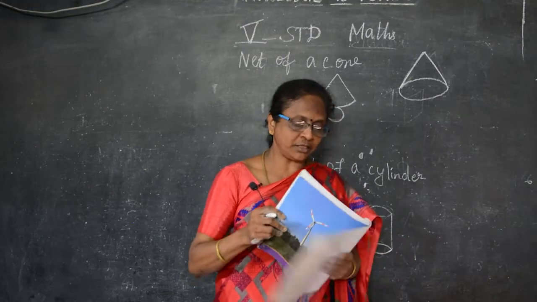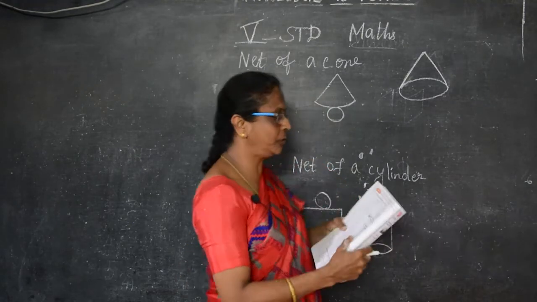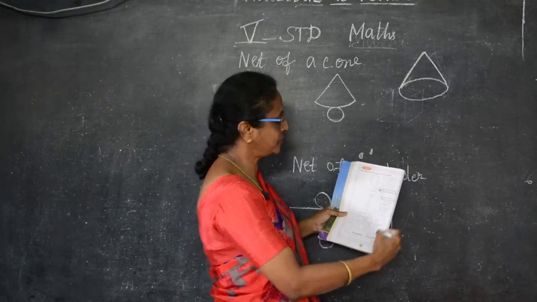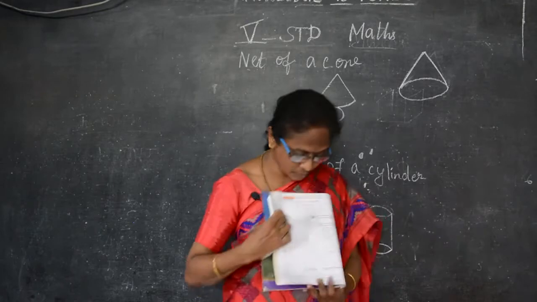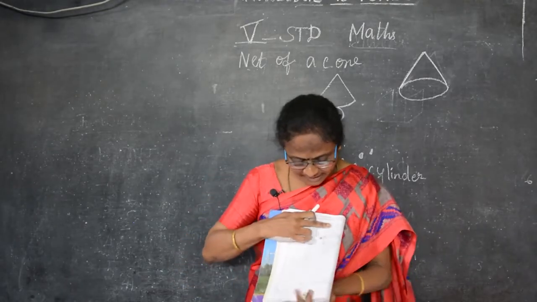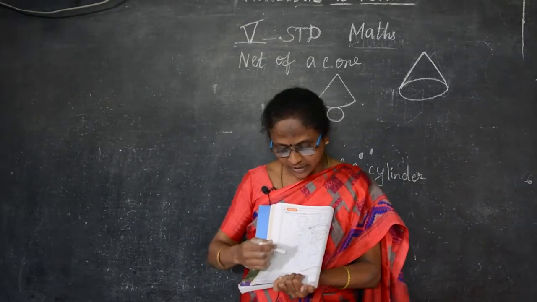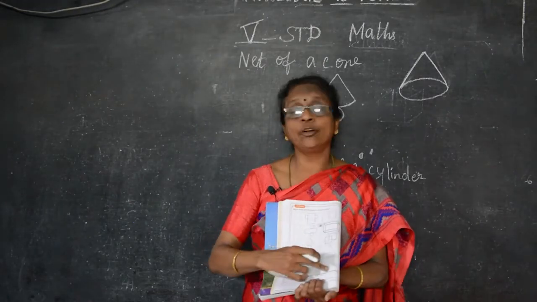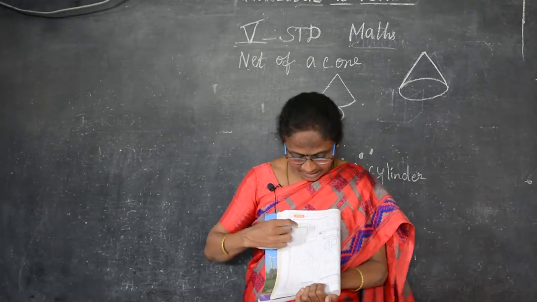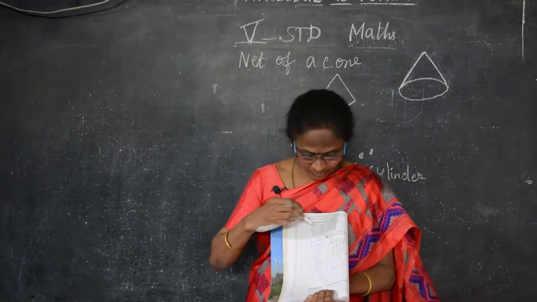Now here they are given some of the shapes. I told you, the net and the shapes. So this net will be the rectangle, that is the cuboid, and this will be the cylinder, and this will be the cone, and this will be the square, and this will be the shape that cannot be formed. Can you understand? There's the net of a cuboid.